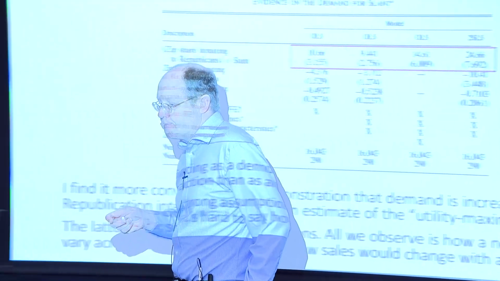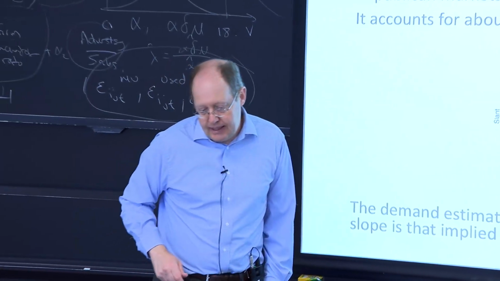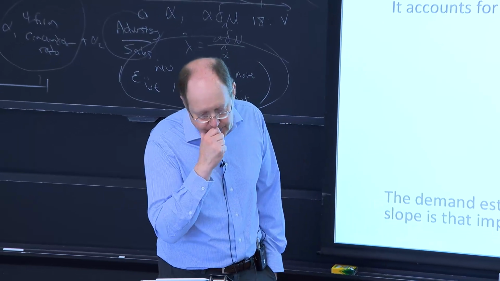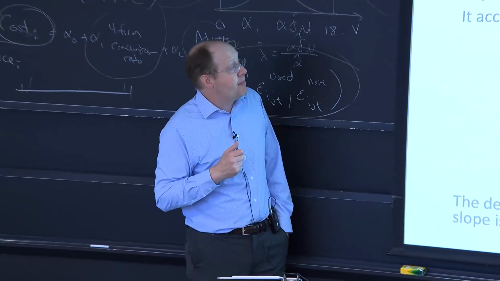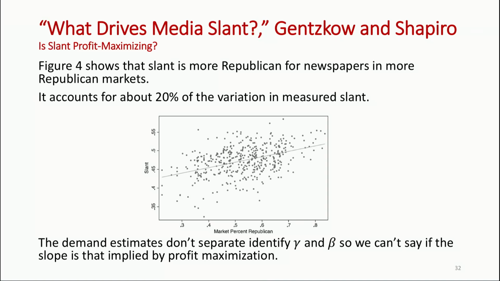Okay. And then, is slant profit maximizing? They show this graph, and this graph is supposed to show you, are newspapers more right slanted in more Republican areas? And the answer, unsurprisingly, is yes.